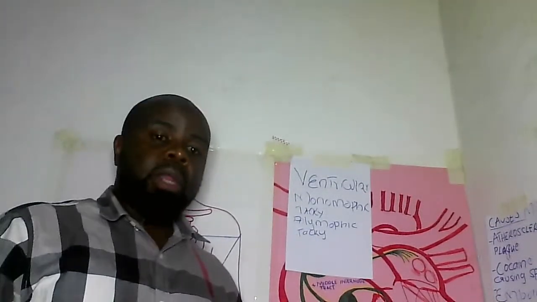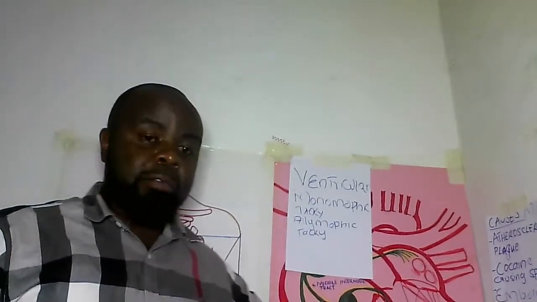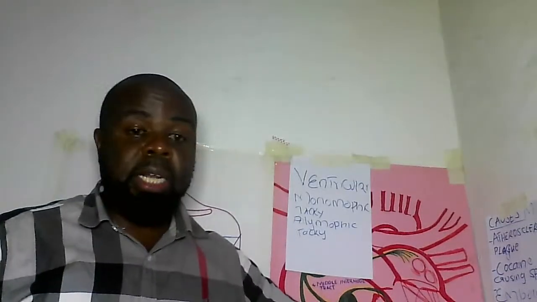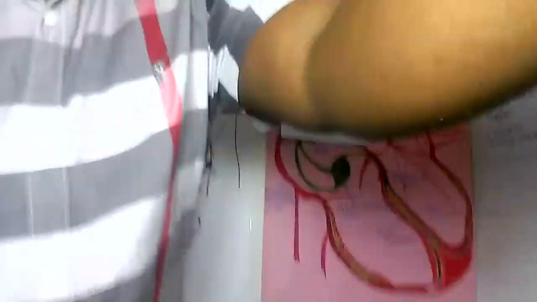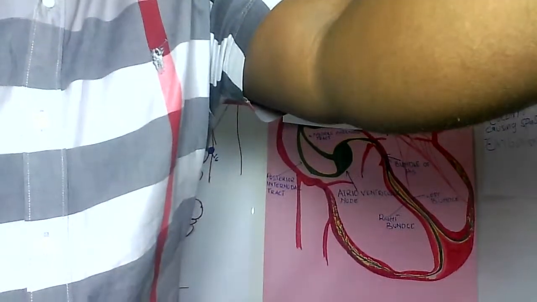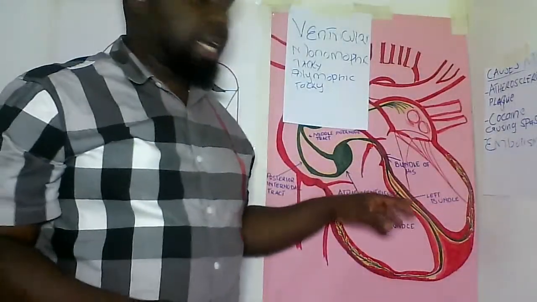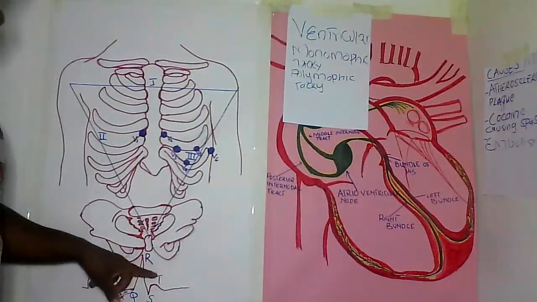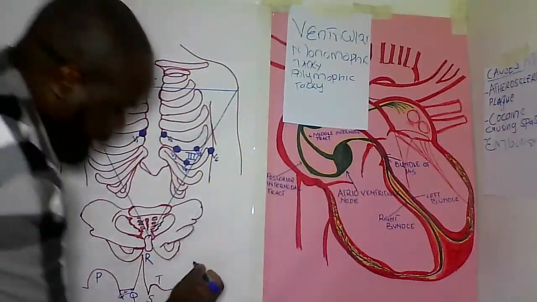Yes, that's right. These muscles may be having a problem, maybe lack of oxygen, because there is a place that is lacking oxygen. So here we'll see this ST is elevated. It will go like this.